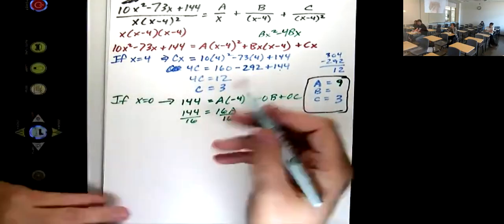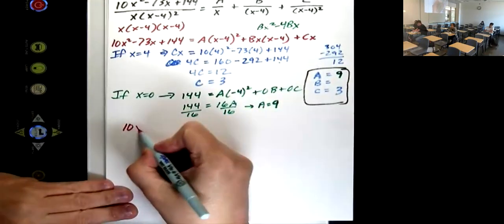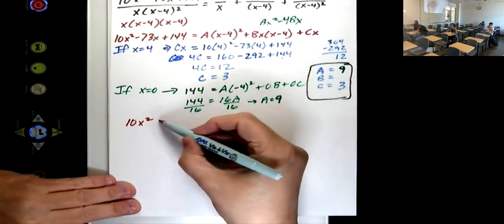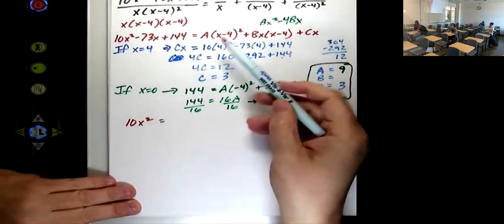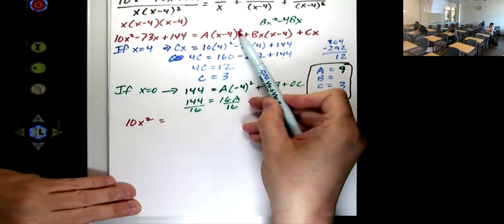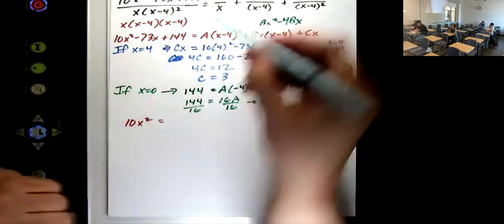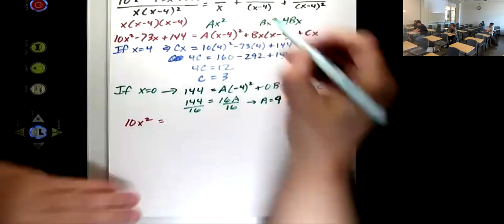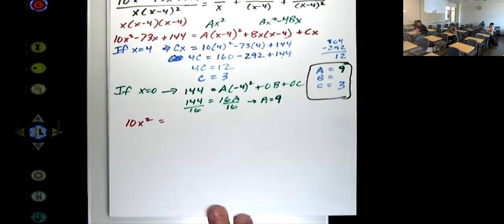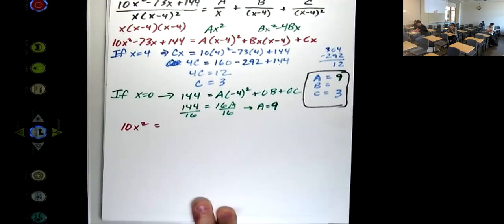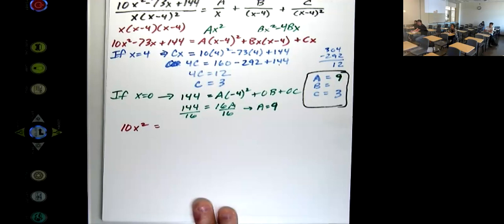If I focus on the x squareds, I have 10x squared over here. Notice that the only x squared I get from this parentheses is an ax squared. That's the only other spot that an x squared shows up here. Does that make sense? Without having to write everything out?